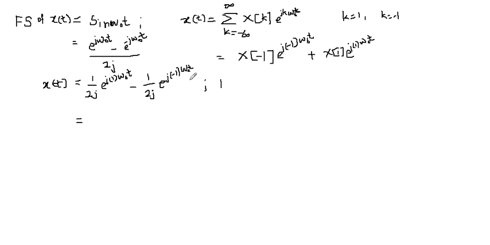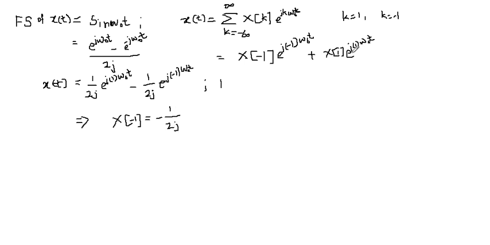When we compare these equations, we conclude that the value of x of minus 1 is minus 1 by 2j, since this term is minus 1 by 2j.